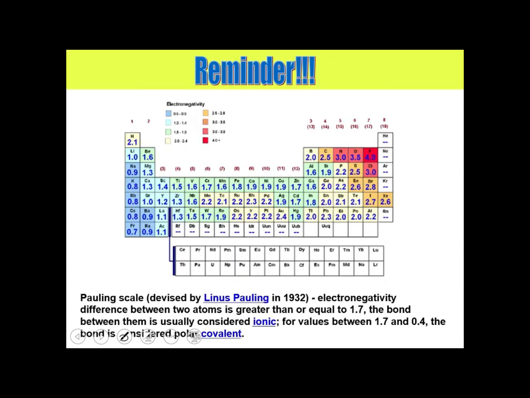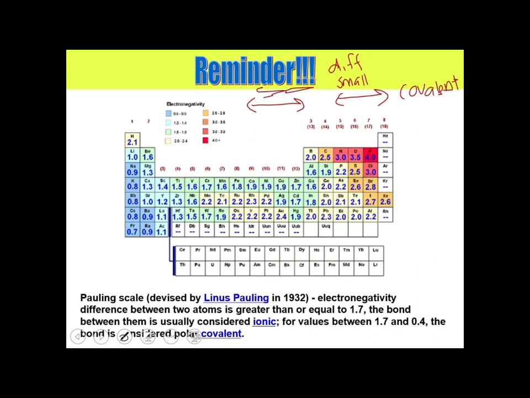Why is this happening? Covalent bond forms because the difference in electronegativity is small. When the difference in electronegativity is small, it will form covalent bonds.